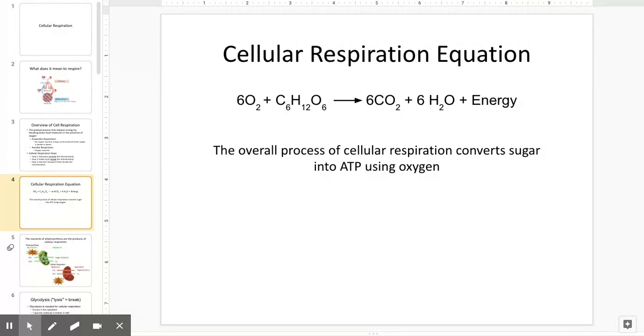You should also know what those chemical symbols mean and be able to explain cellular respiration in words. By and large, the overall process is taking sugar or food and using that sugar or food to make ATP or cellular energy, but that is involving oxygen.